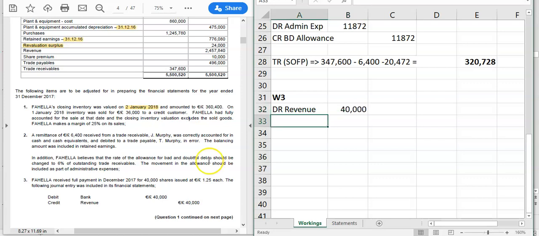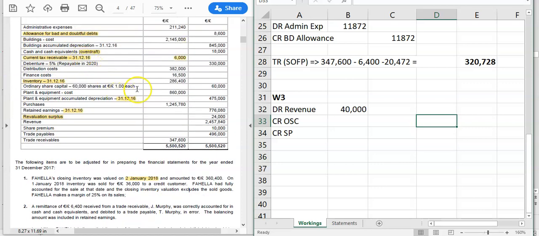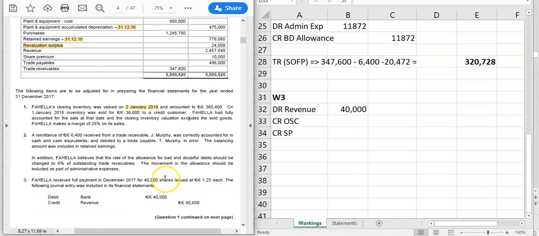It shouldn't be in revenue. When you issue shares, you're going to credit the ordinary share capital and you're going to credit the share premium. The ordinary share capital is going to get the nominal amount, and that's why they told you it was €1 each in the statement of the trial balance. So you see they're linked together where the information is given. 40,000 shares at 1.25.